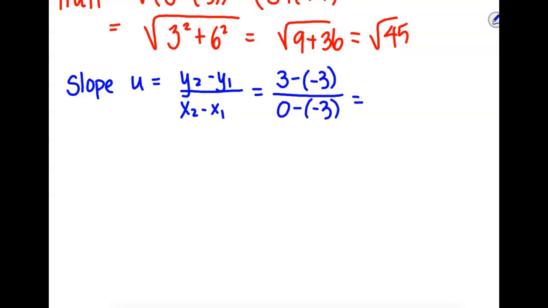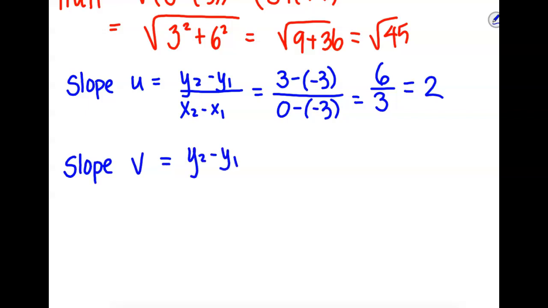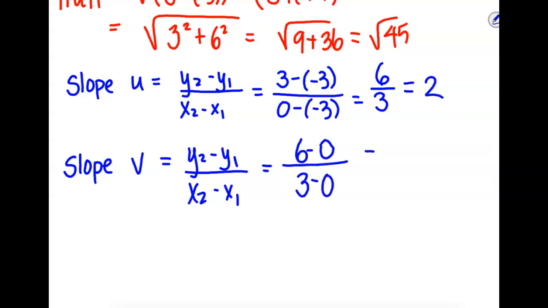When we simplify that, we get positive 6 over 3, which is 2. Now let's find the slope of vector v. Using our same formula, y sub 2 minus y sub 1, the change of y over the change of x. 6 minus 0 over 3 minus 0. Simplify it, 6 divided by 3 is 2.